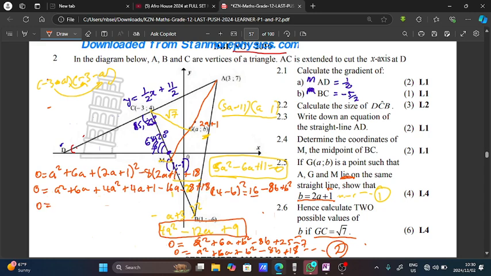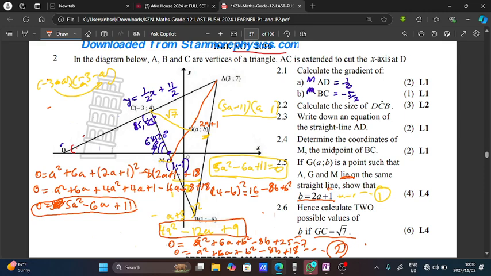Now 0 equals, can we add them? 5a squared, then 4a plus 6a minus 16a gives minus 6a. Then 1 minus 8 plus 18, what do you get? That will be plus 11. It's giving us the same answer again, so we get the same standard form.